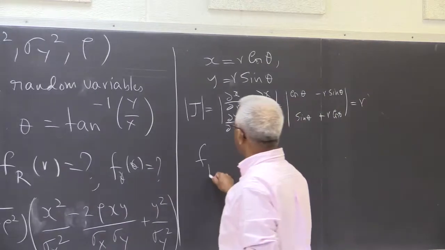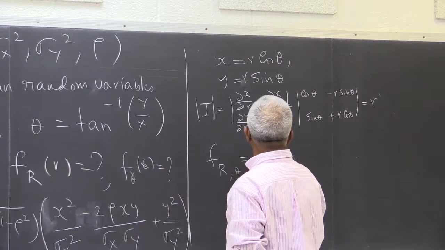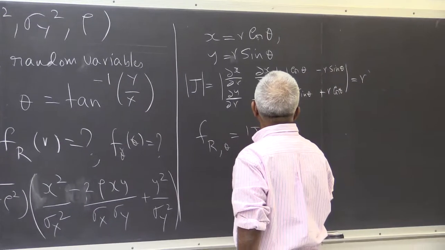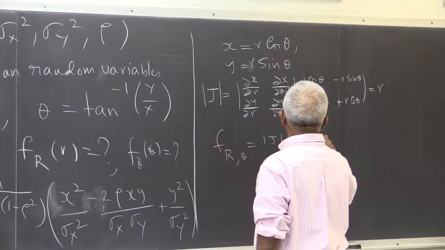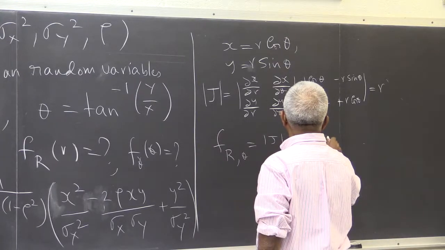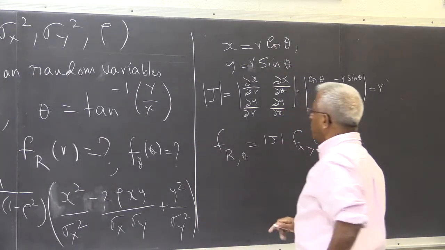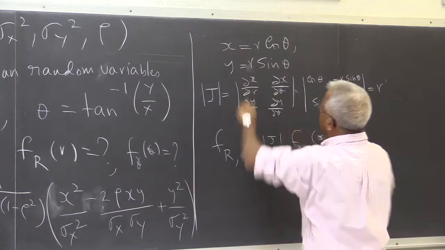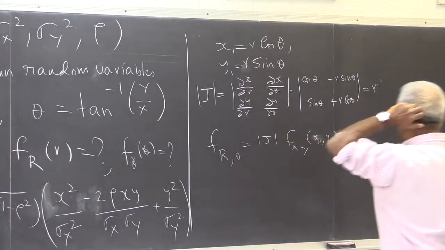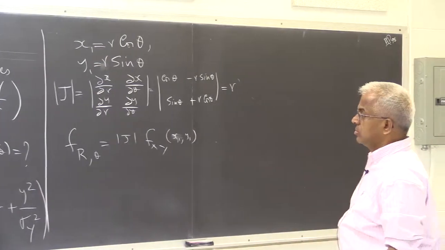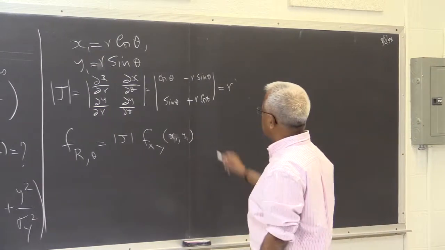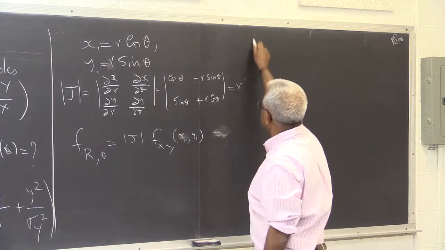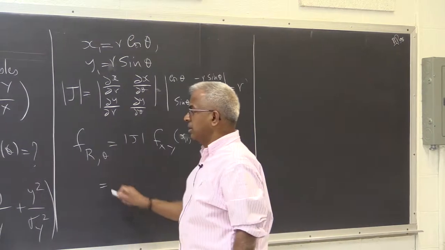So the joint density function of r and theta would turn out to be the Jacobian multiplied by the joint density function. You substitute the solutions x1 and y1, where x1 and y1 are r cos theta and r sin theta. So if I substitute that, I'll write it here.